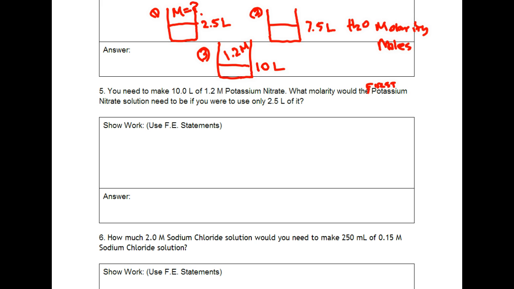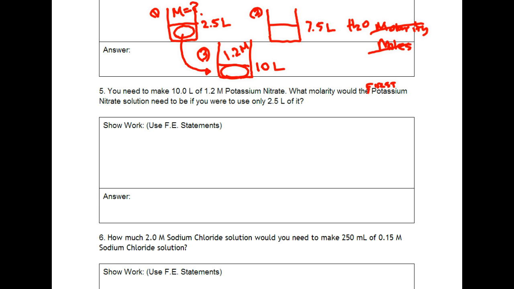So we're not worried about the molarity of water, and we're not worried about the moles of water. So whatever moles we find, there's only one place they could be, in this solution. And whatever moles we have there, if we're dumping the entire thing in, then it's going to be right there. So the moles between those two solutions should be the same, and that's what we're using here.